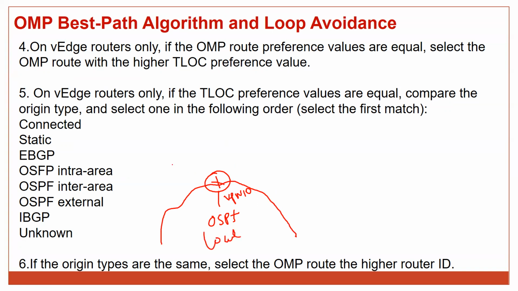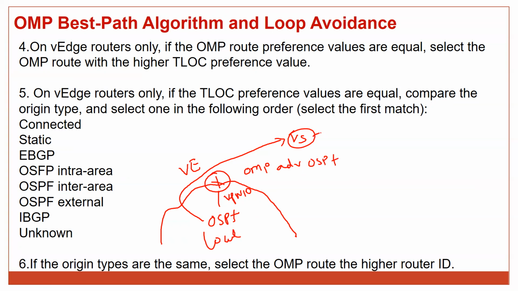Local or internal to this particular vEdge or cEdge. Now if you want to send these routes to vSmart, you can do it. What you have to do is go inside Overlay Management Protocol, OMP, and advertise either OSPF or connected or BGP, etc.